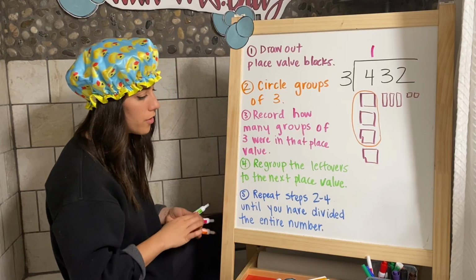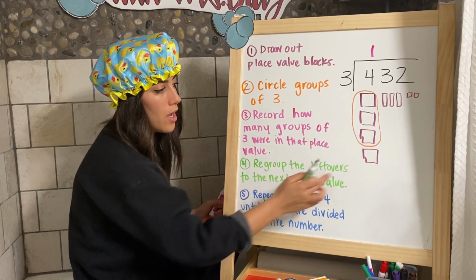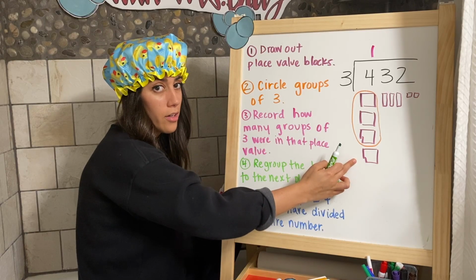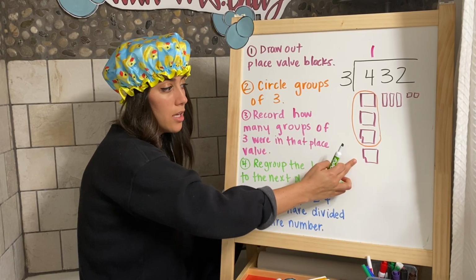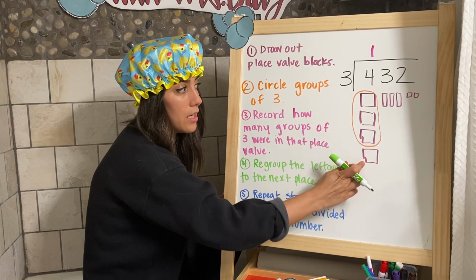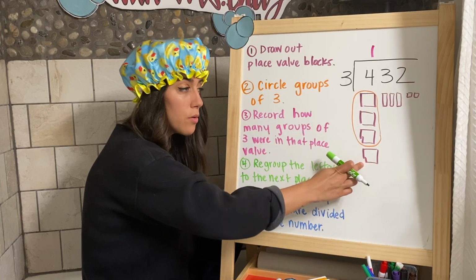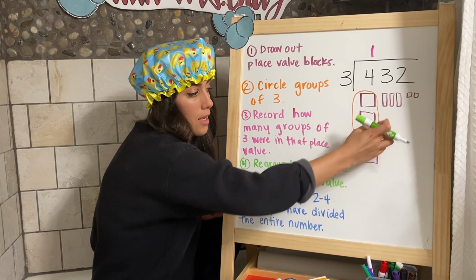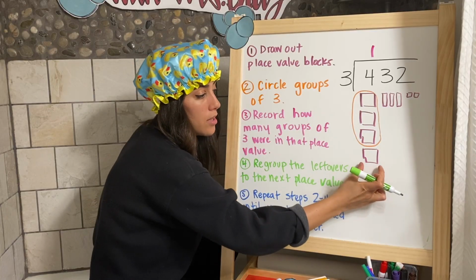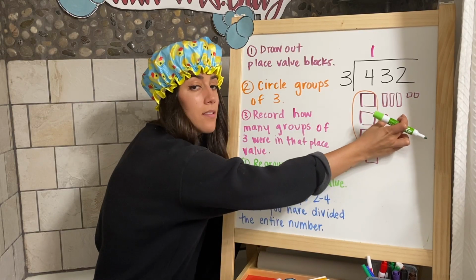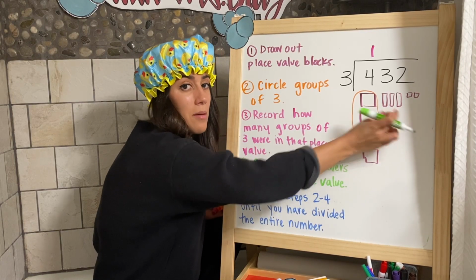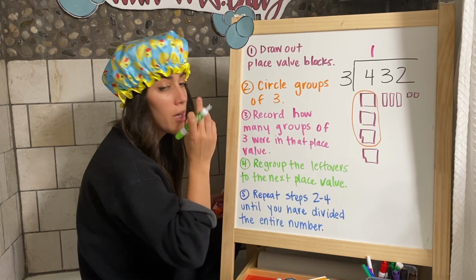Regroup the leftovers to the next place value. I have 100 left over that I cannot put into a group of 3. So I'm going to cancel it out here in the hundreds and regroup it into the tens place. But I cannot put the hundreds base 10 block in this column. I need to separate it into base 10s, blocks of 10.